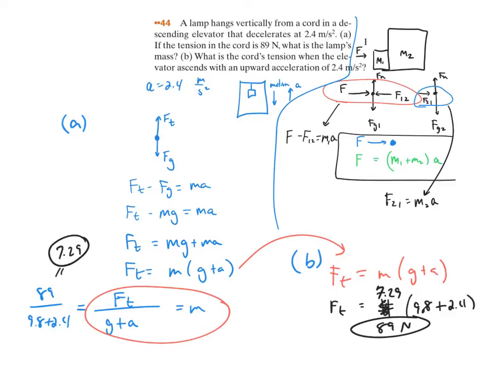Because remember, up and down is our y-axis, and we're tilting that to be perpendicular to the ramp. So if this is the ramp, now this is up and this is down on a ramp. Right. This is down the ramp, this is up the ramp. If you want to call this the parallel force and the perpendicular, some books do that for ramps. You're welcome to do that, that helps.